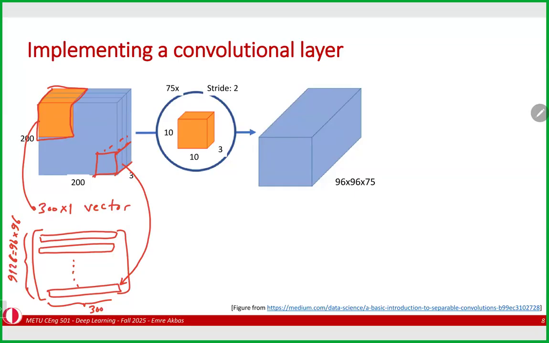Now we are going to multiply this with the vectorized form of the filter. We will vectorize the filter into a 300 by 1 vector.